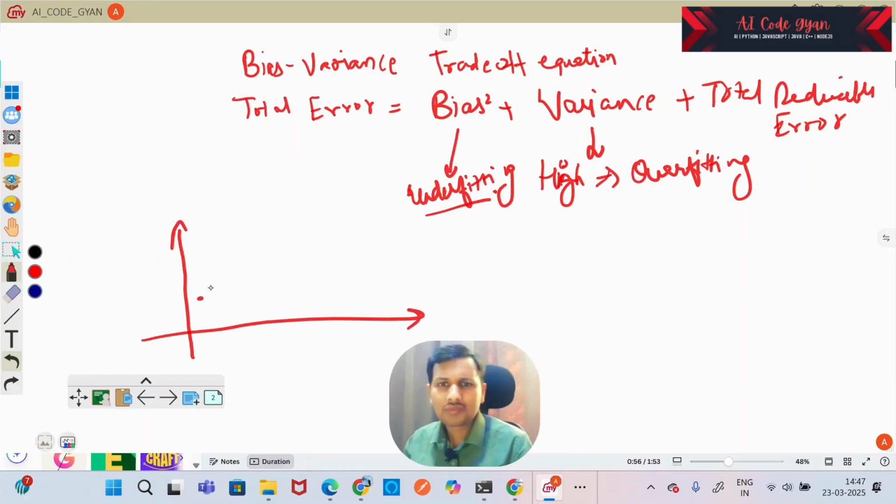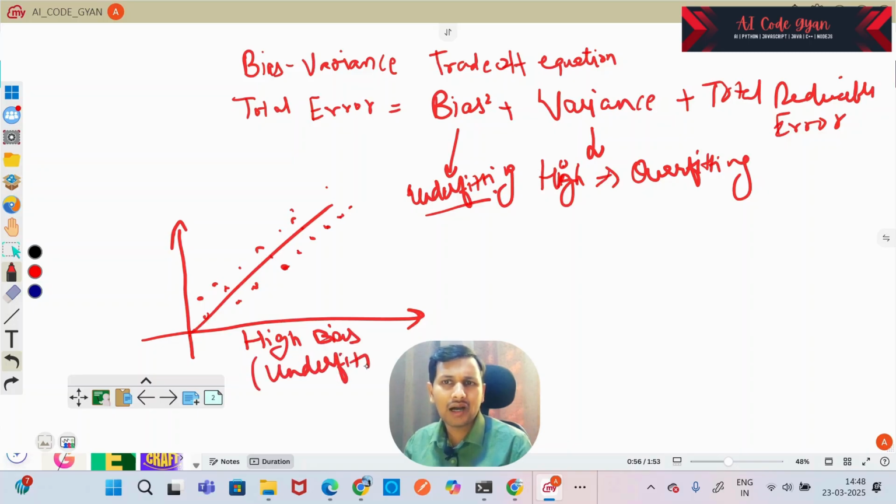So, hello friends, now let us see what happens if we plot it on an XY graph. When we take some scattered points which are included in test data, and we plot a straight line, we can see the bias is high and there are a lot of points we are not able to cover.